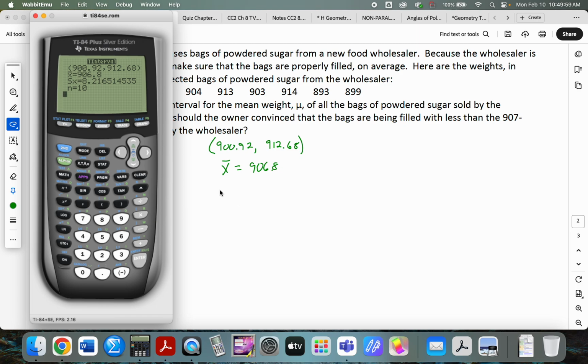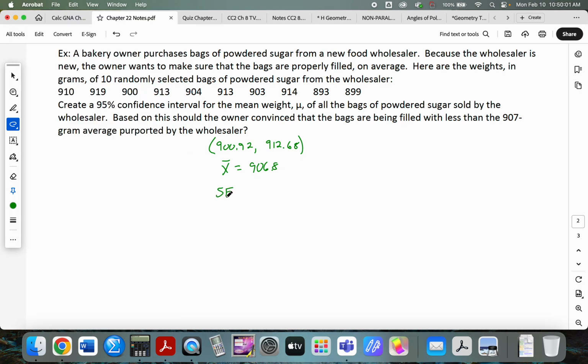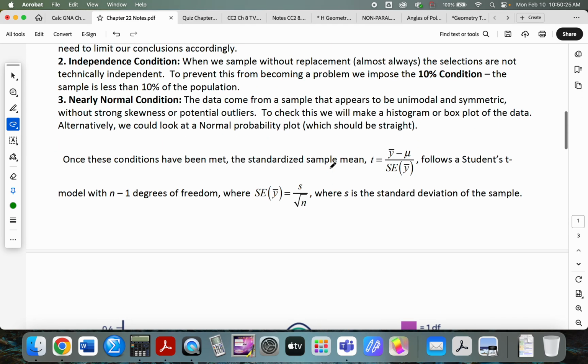And we could get that by taking the 906.8 minus the 907, over the square root of 10. Let me remember.